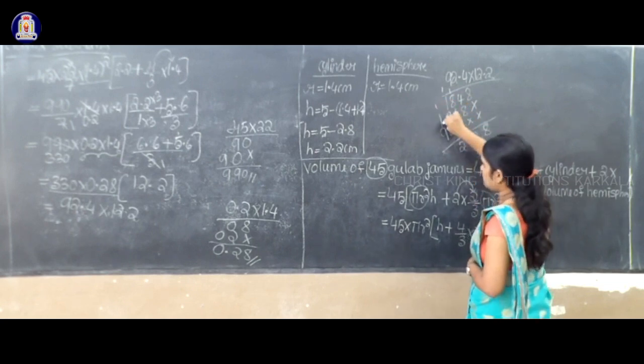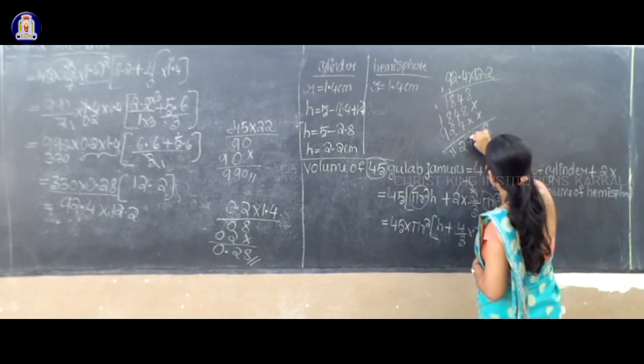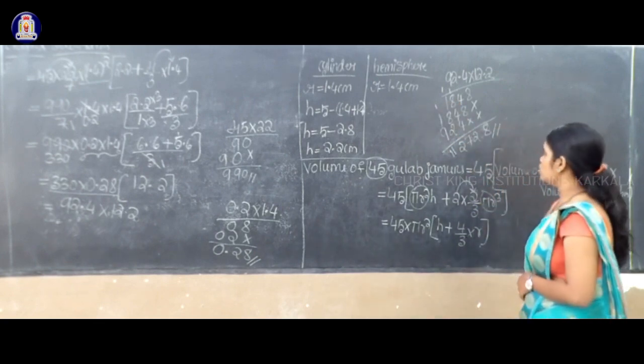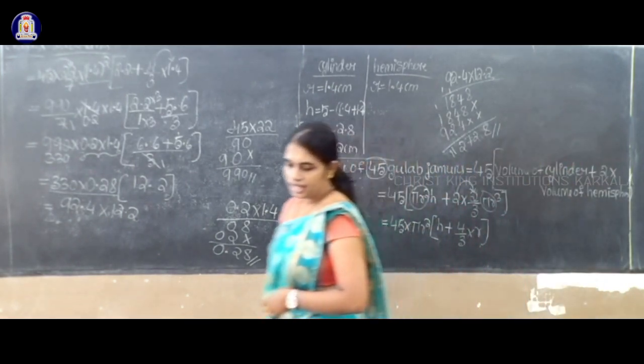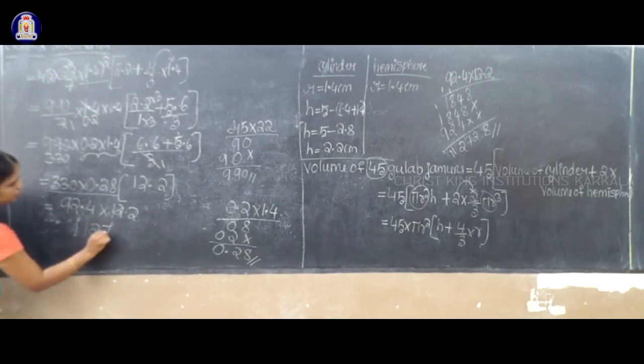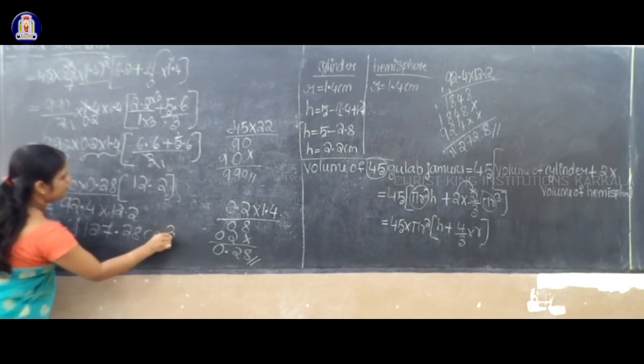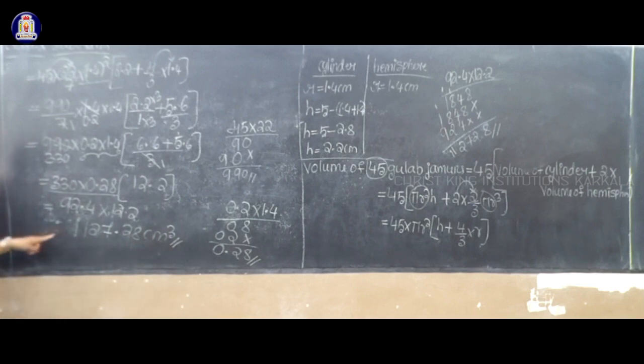Okay, 9 plus 1 10, 10 plus 1 11. So your answer is 1127.28 cm cube.